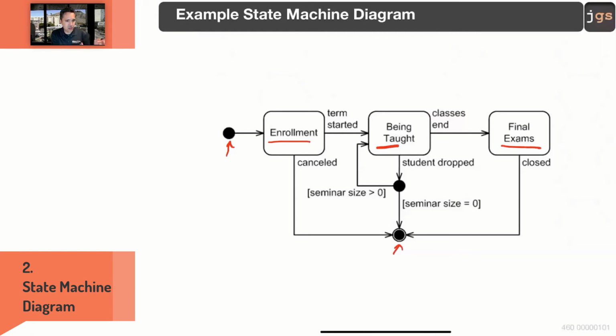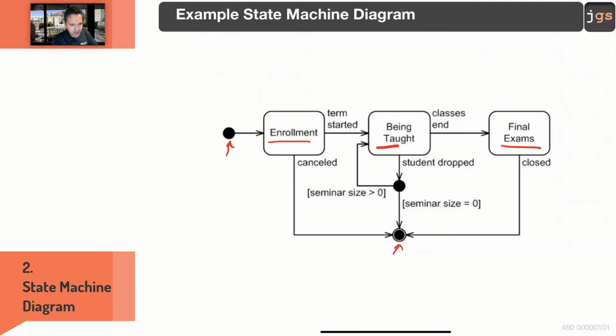The enrollment is open for this class, or the class is currently running, or the class is in the final exams, or the class is closed. I am showing you here three possible values: enrollment, running, final exams. Could be more. The idea is the state diagram shows you values, not actions.